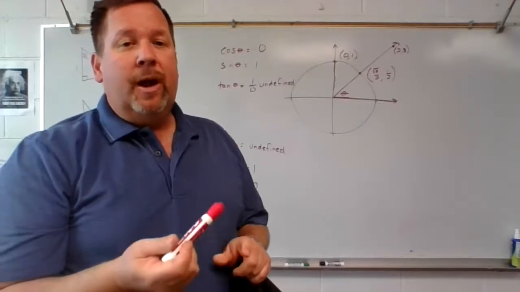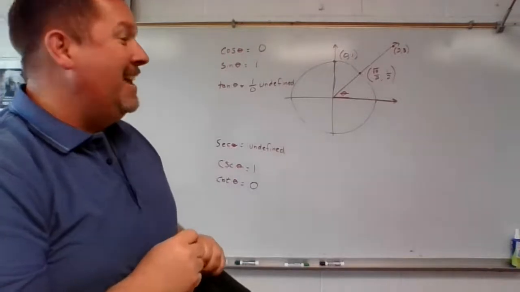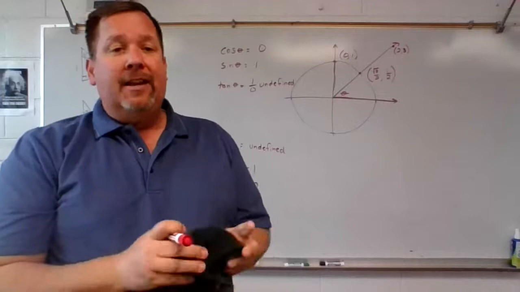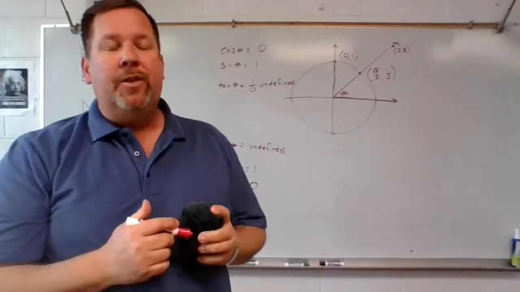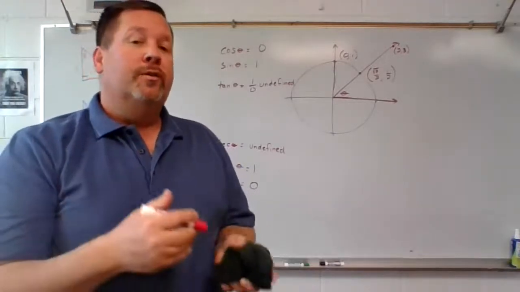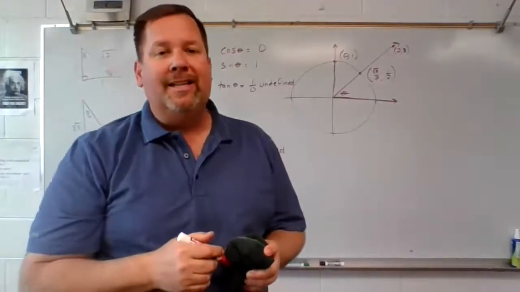I want to talk to you at the end of this video about what we call trig identities. Identities are just truths, facts, and they're essentially two values that are equivalent to each other. Like we know that secant is equal to 1 over cosine, or cosine is equal to 1 over secant. Those are all identities.